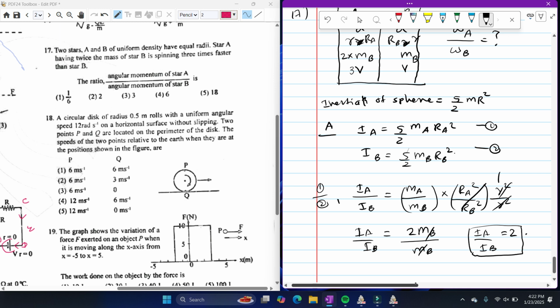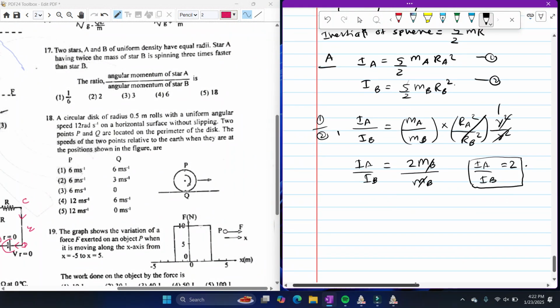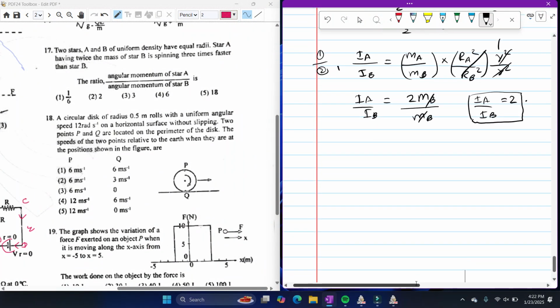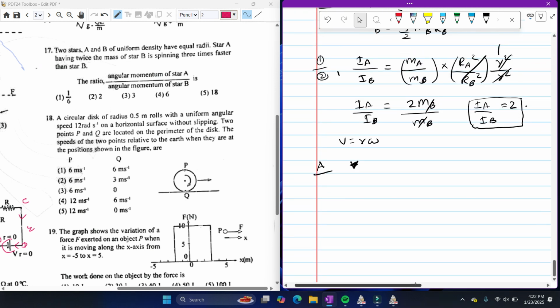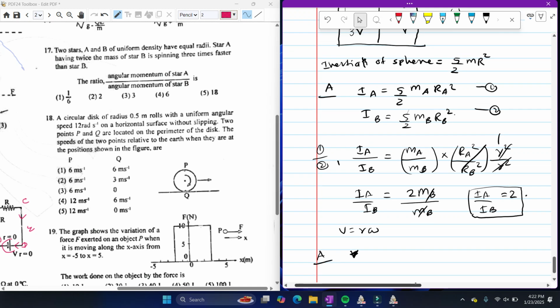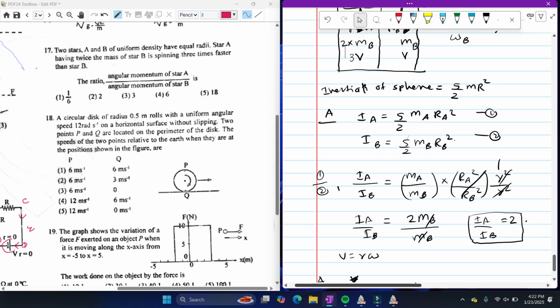So next they are talking about the rotational motions of these stars. The motion can be expressed as V equals R omega. For star A we have velocity V. According to the data we had, the velocity of A was thrice.